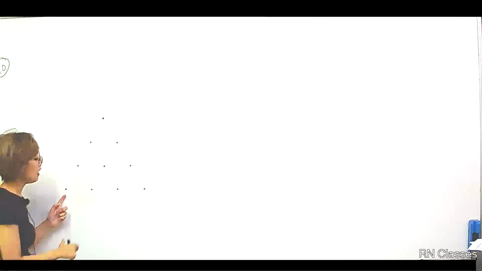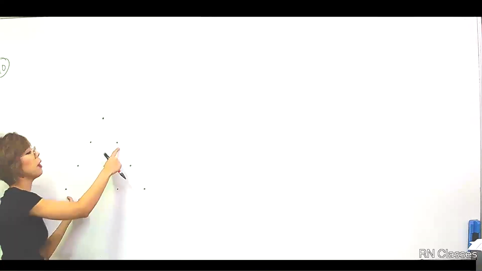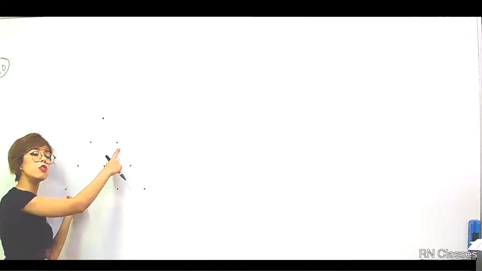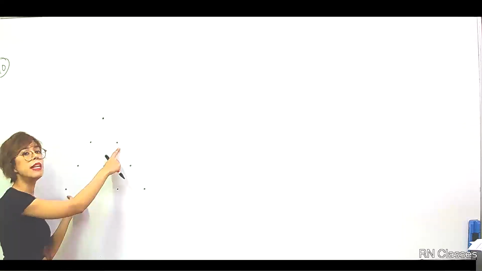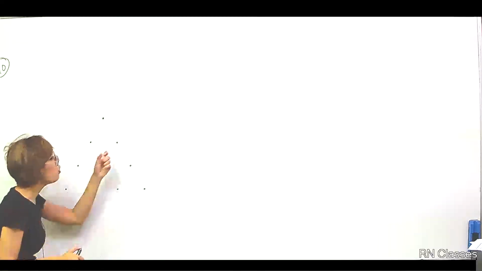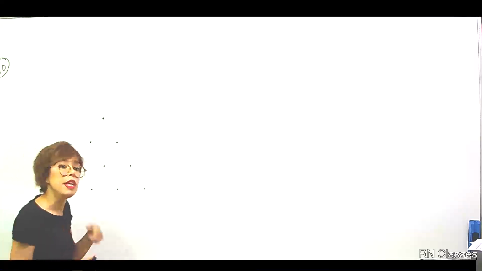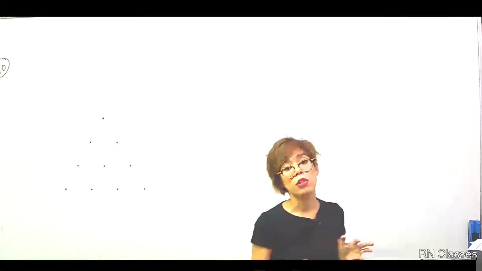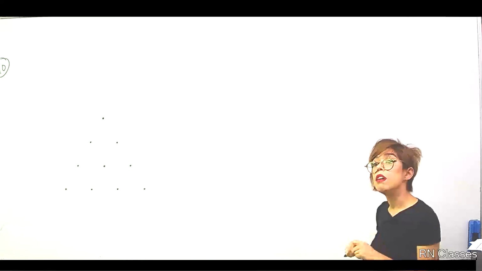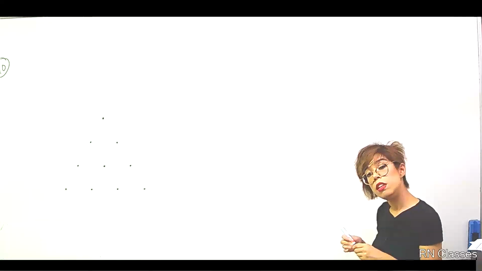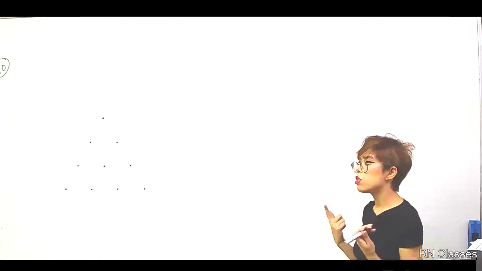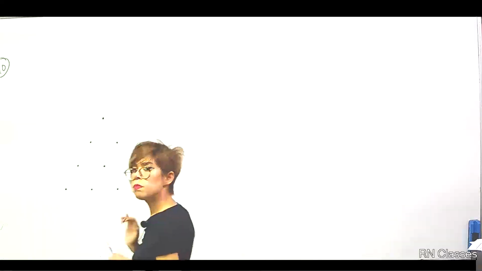Suppose if I take this point and this point, can I have a circle passing through these points? Absolutely yes, because these are 3 non-collinear points, and we know that 3 non-collinear points will give me a unique circle, right? So my question was counting the number of circles.